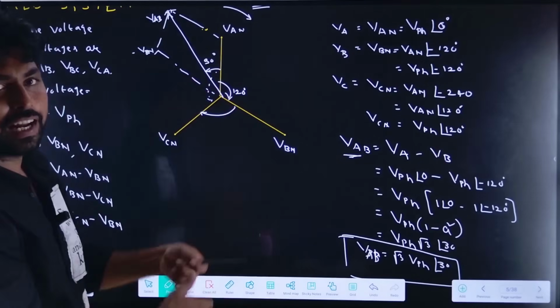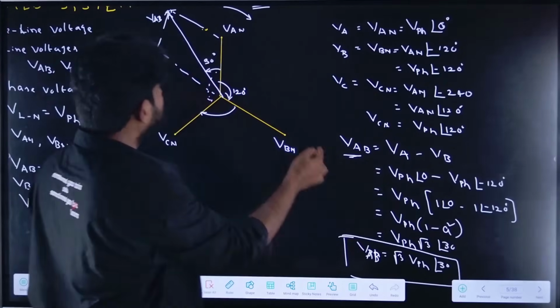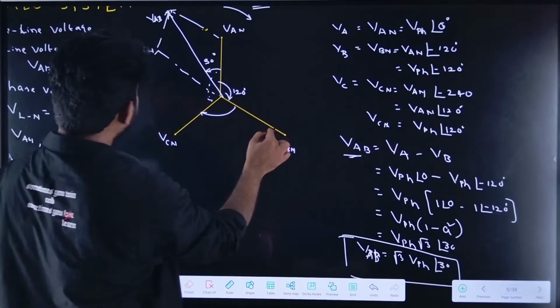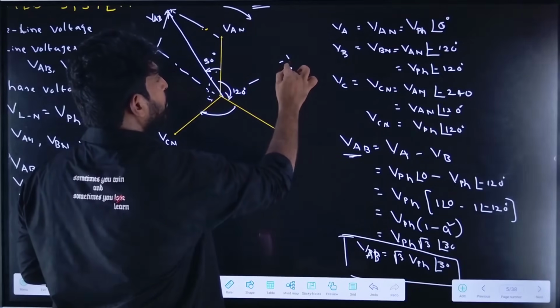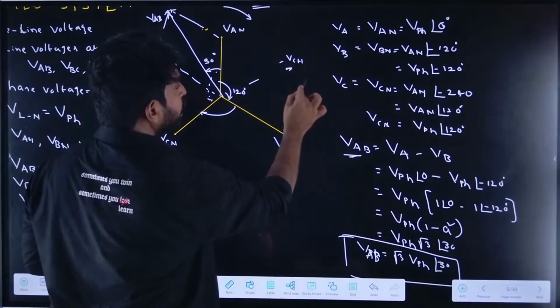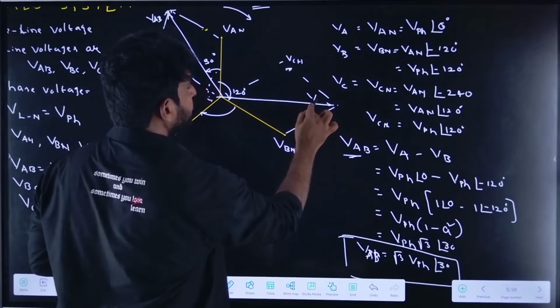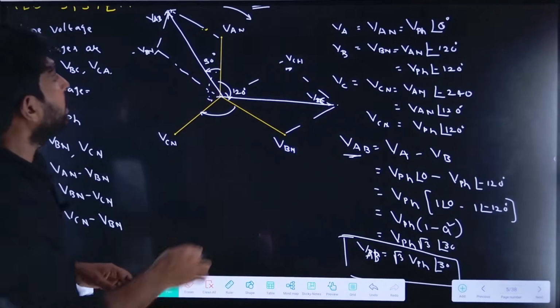VAB we have found. If I want to find VBC, how will it be? Minus VCN will be here. So VB minus VC gives VBC. What is the angle between these two?